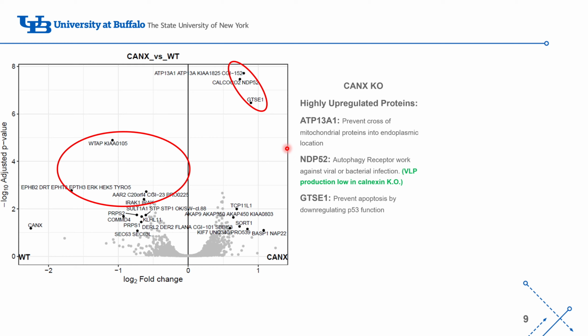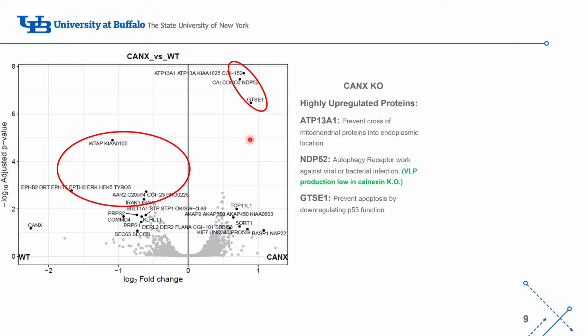And the second highly upregulated protein is related to the NDP52 gene. In the literature, it has been reported that this protein is an autophagy receptor, so it normally acts during viral or bacterial infection.